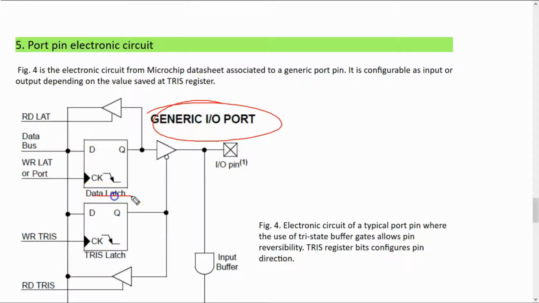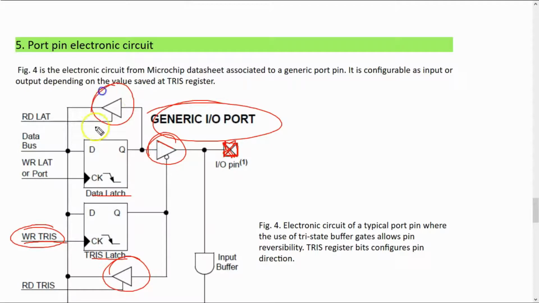You have a data latch, a tri-state latch, and control signals like this one, write the tri-state bit. You see the pin symbol, which represents the pin like this. Okay, so you have a tri-state.